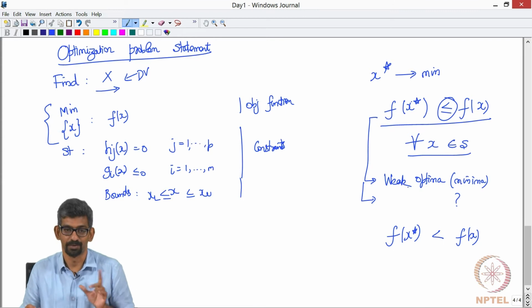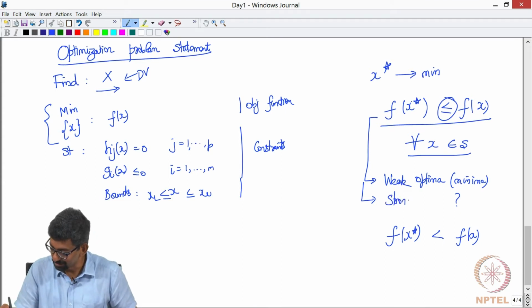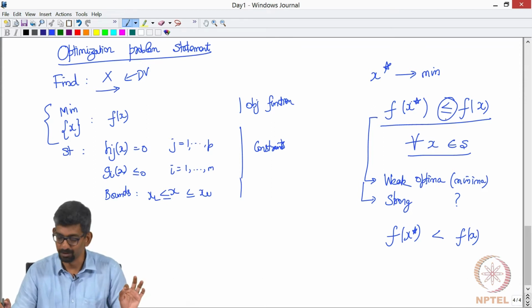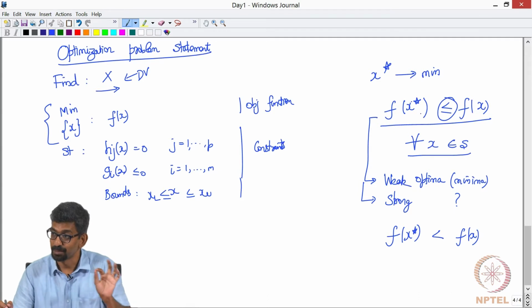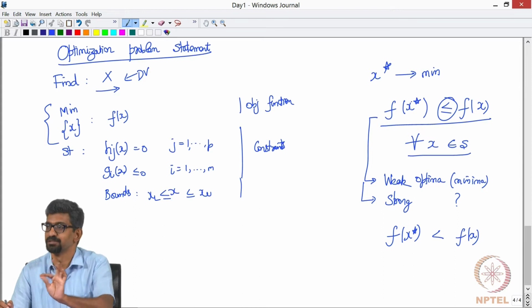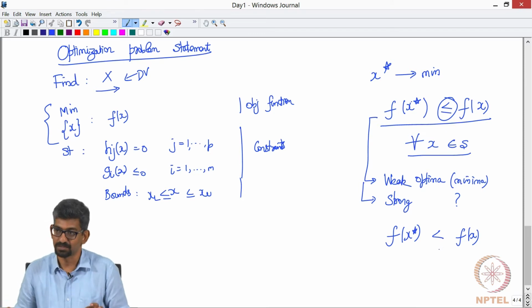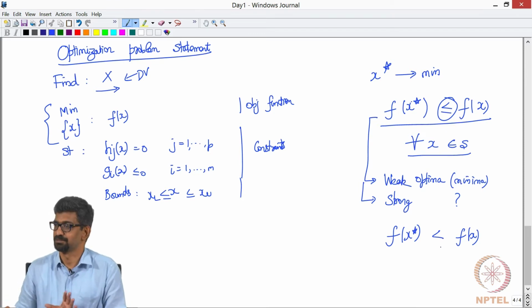This is called a weak optima, and there is a strong optima. What the less than or equal to means is there could also be some other point. For sure this takes the minimum value, but there can also be another point which takes the same value. That is why it says less than or equal to. Whereas what this one says is that it is for sure less than.